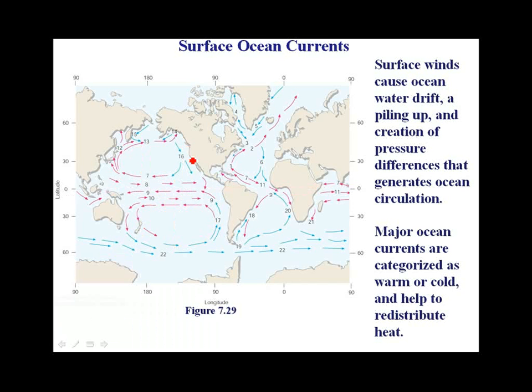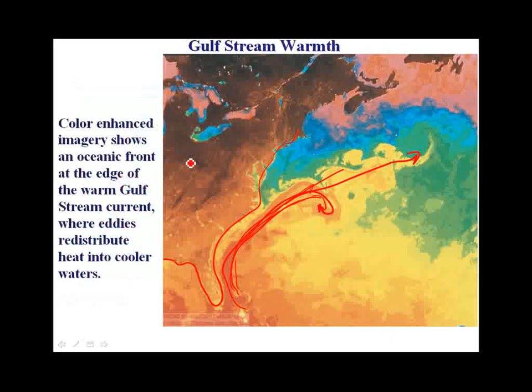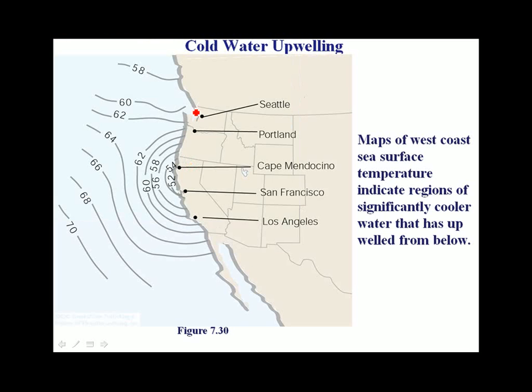Now, you notice here the blue along the western coast of the U.S., there is cold water moving down from the north. Well, typically the air is cooler up here, and so there is some surface cooling of the oceanic surface. But the source for the cold water along the western U.S. has to do with something we call upwelling, and I'll talk about that here in just a moment.